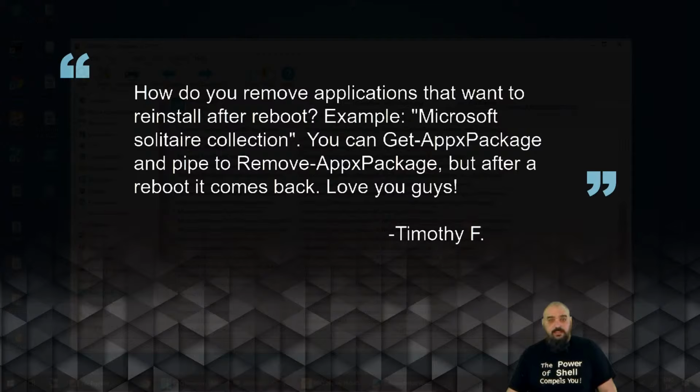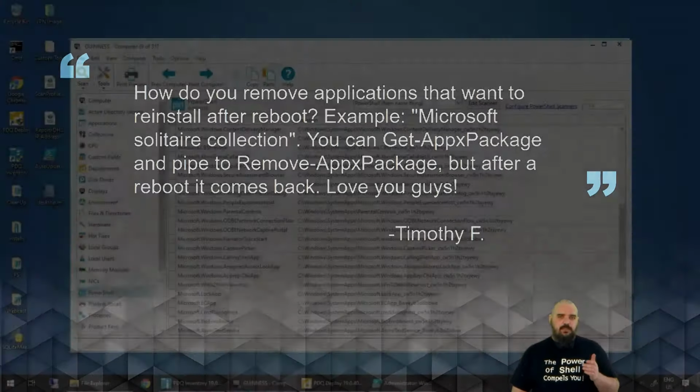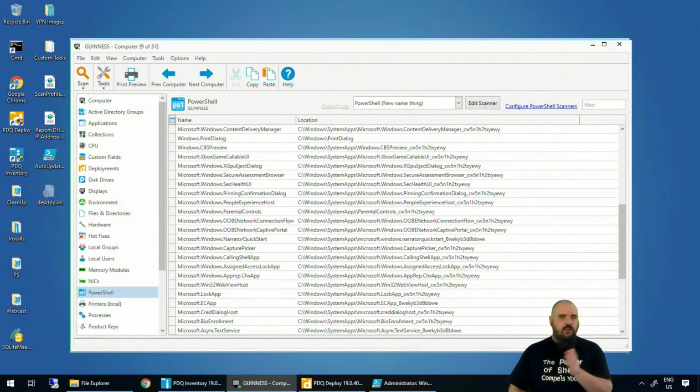All right. My guess on this one is the provision package that we talked about earlier. If you have calculator, I just use that as an example because it's always on my mind. So if you have calculator installed, you remove it, but it's part of the provision package. The next time there's an update or you log back in, it's going to reinstall that one. So I guess for a test for Valerie and Timothy, on one of those machines, run Get-AppxProvisionedPackage -Online, which online tells it to look at the local machine.